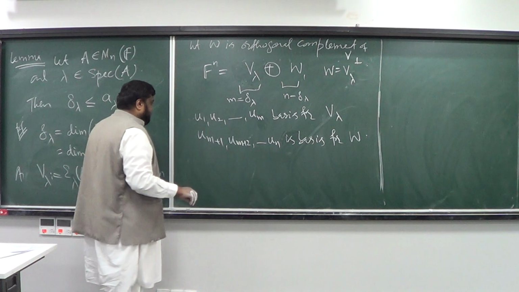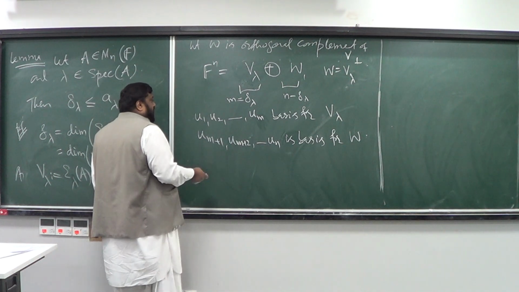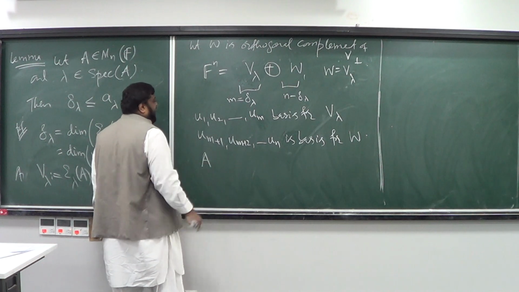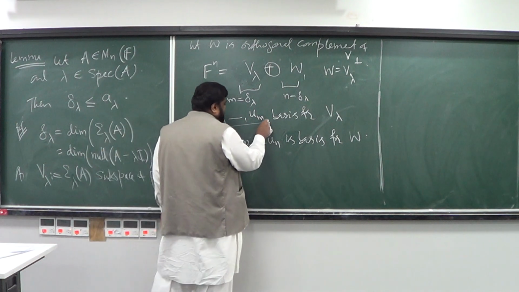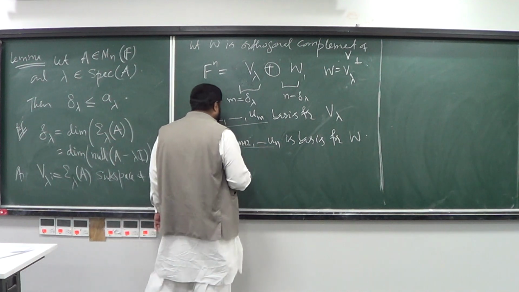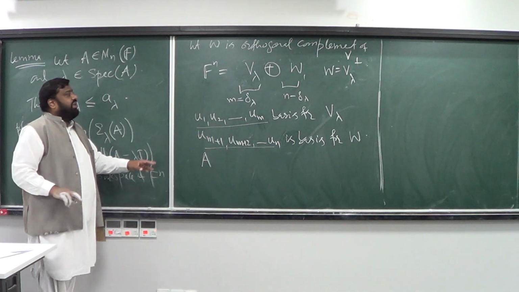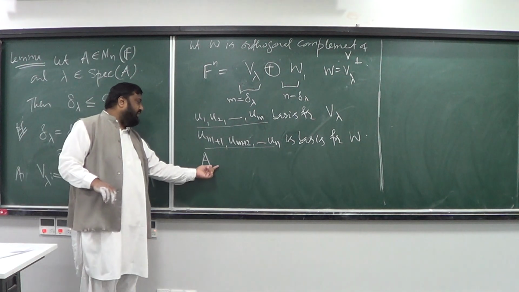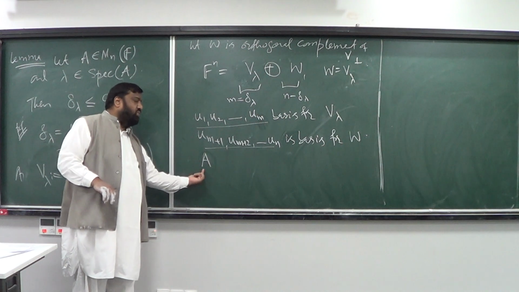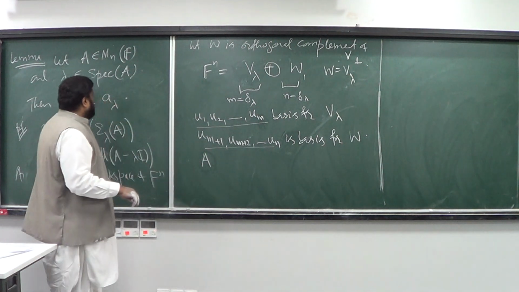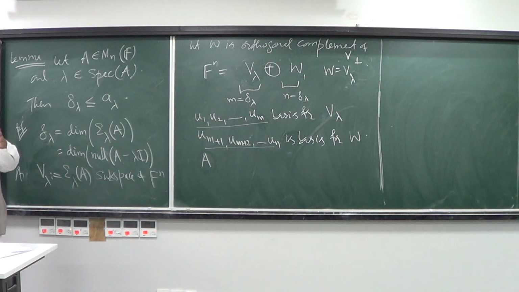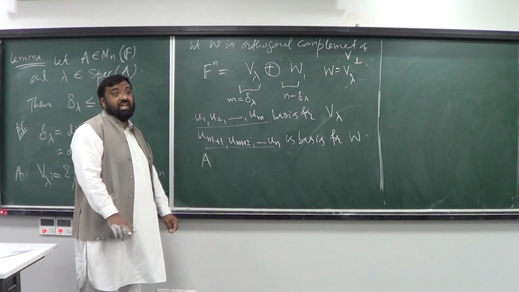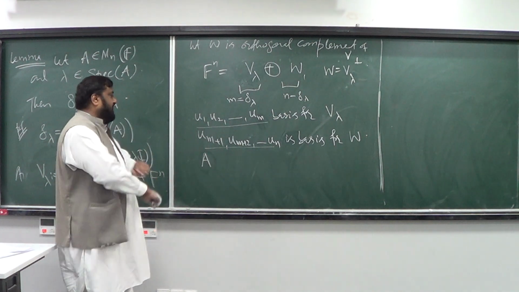Now let's apply A onto these vectors. By applying A onto these vectors, I want to find a fundamental form of the matrix A, that is, what the structure of this matrix A looks like.